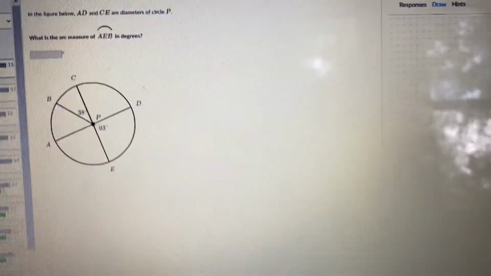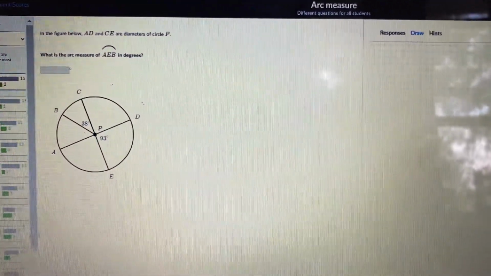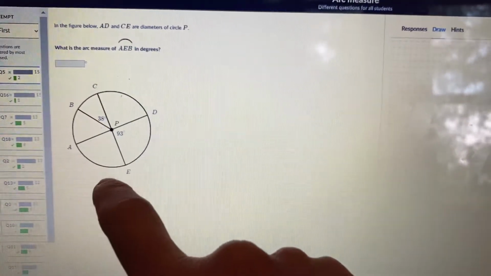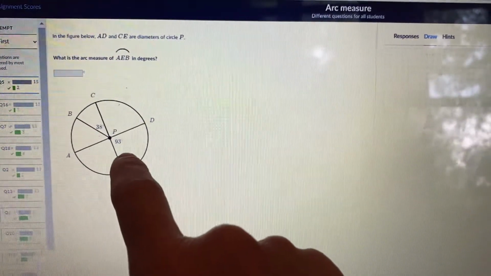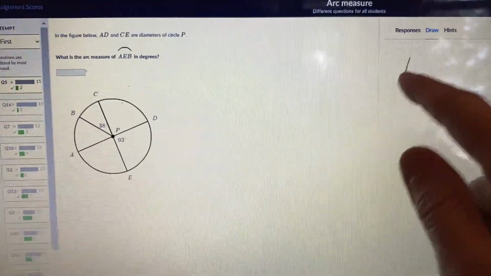So going back and looking at this one and actually working it out, we want to find angle AEB. So we want this entire thing. We could start by saying 180 minus 93.